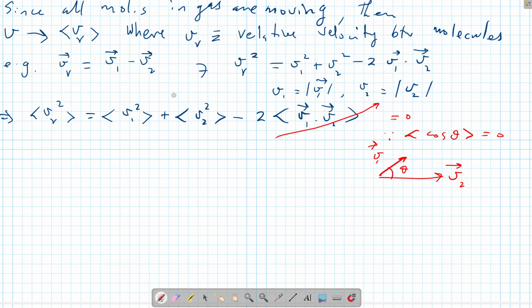Therefore, we get the average of the relative velocity squared equal to 2 times the average velocity squared. So the average of v1 squared is actually v squared. It doesn't matter which molecule we're considering. The average of v1 squared is equal to the average of v2 squared, which is equal to the average speed squared of the gas.